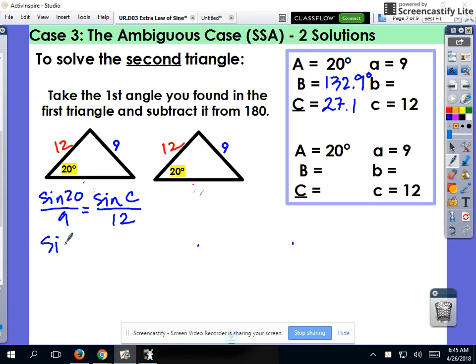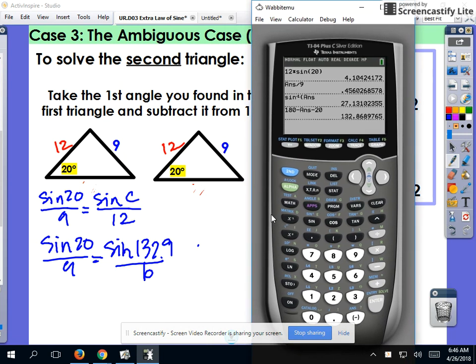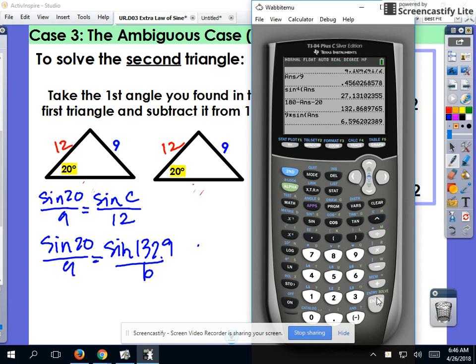So that's sine of 20 over 9 equals sine of 132.9 over B. In our calculator, that's a little tricky. So it's going to be 9 times sine of the last answer divided by sine of 20. 19.3.